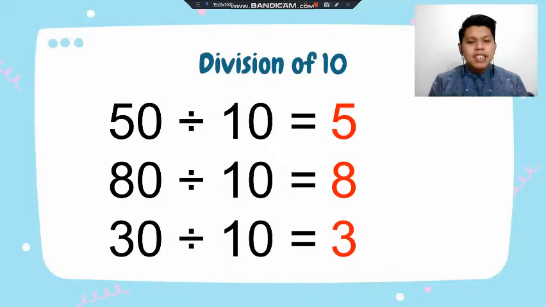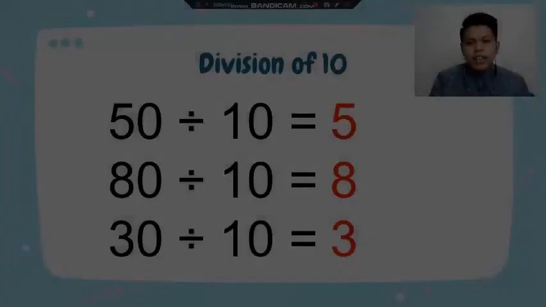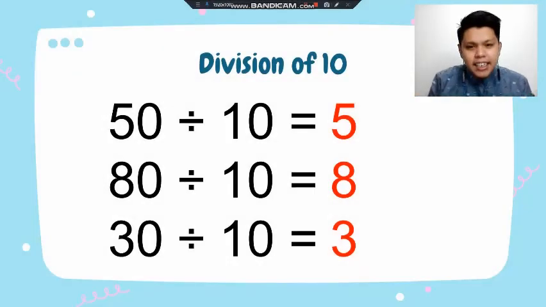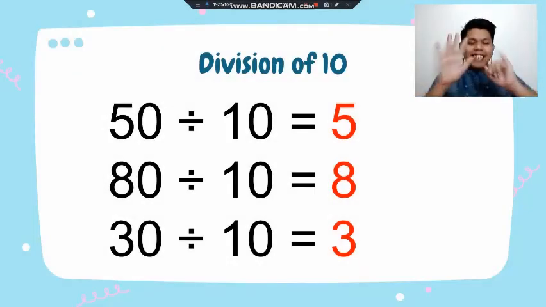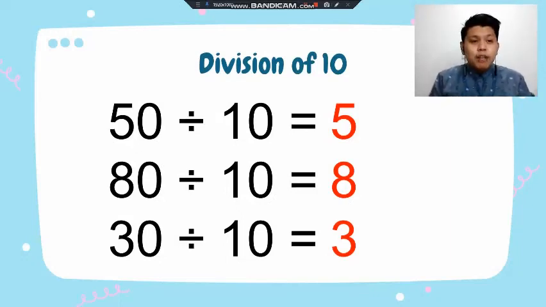Now if you notice, we're just copying the first digit to the left of our dividend. And that is one technique that you can use in the division of 10. 60 divided by 10, that is 6. Okay, so I hope this technique will help you to solve quicker and faster in division.